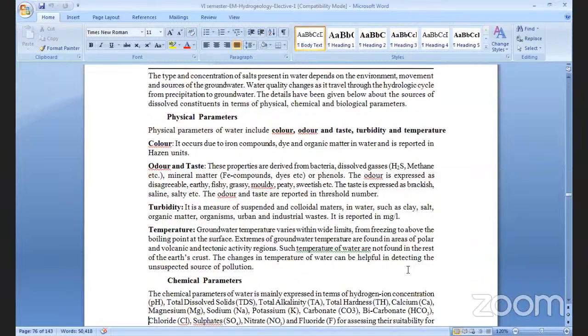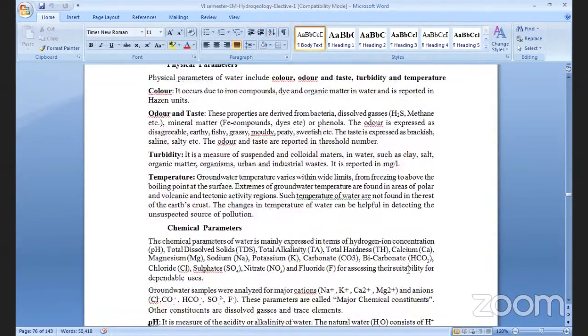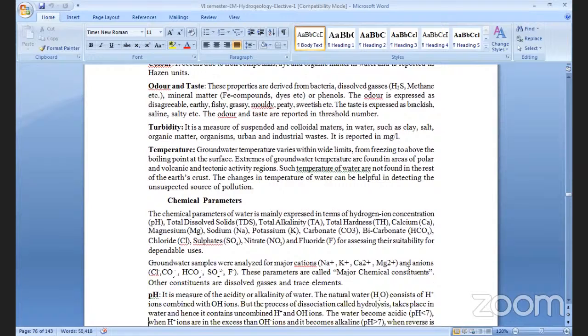Temperature: the temperature is different in different areas. Suppose the temperature is at 4 degrees centigrade, the water is nearly going to change into ice and snow.